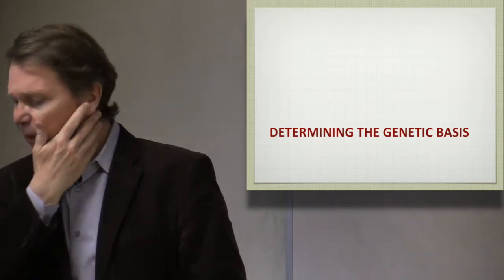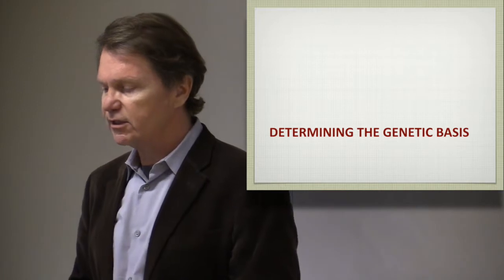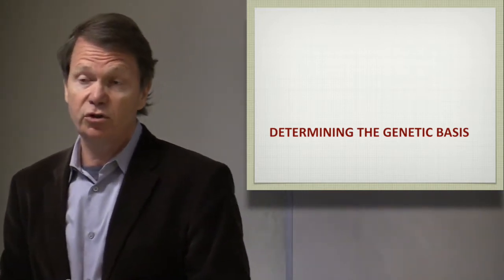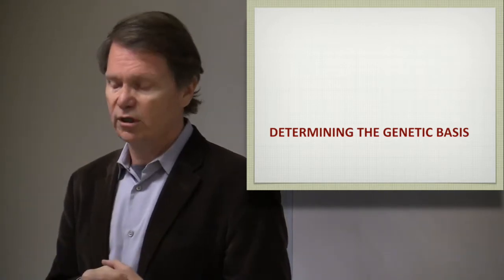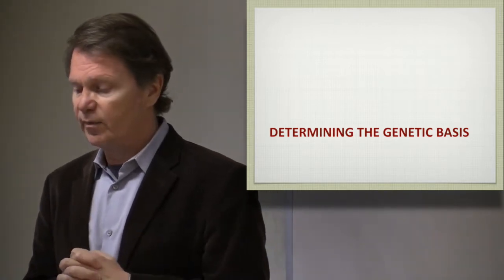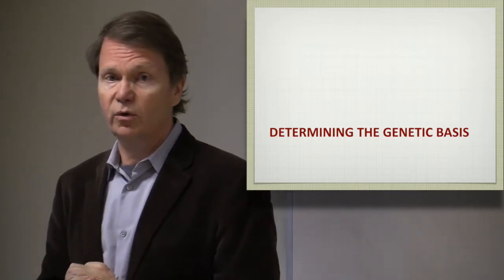All right, so let's talk about how we determine the genetic basis. Prior to 2007, it was very expensive to sequence genomes, even bacterial genomes. They would cost hundreds of thousands of dollars to sequence. Now, as I think we mentioned before, you can sequence them overnight for maybe $50 or so a genome.